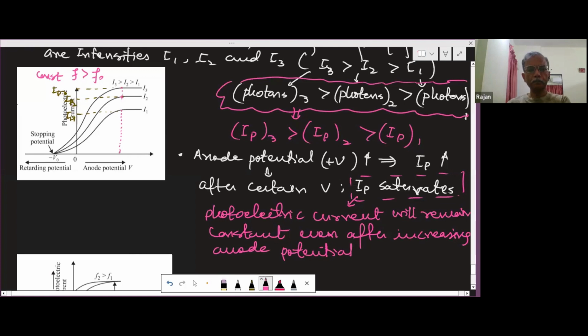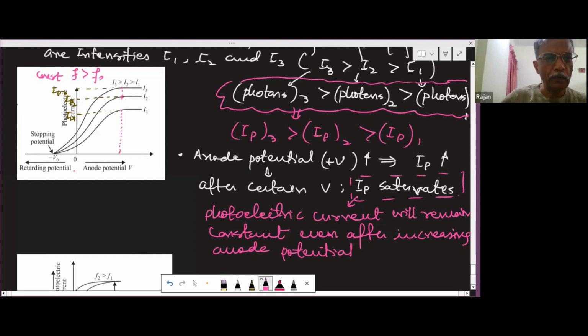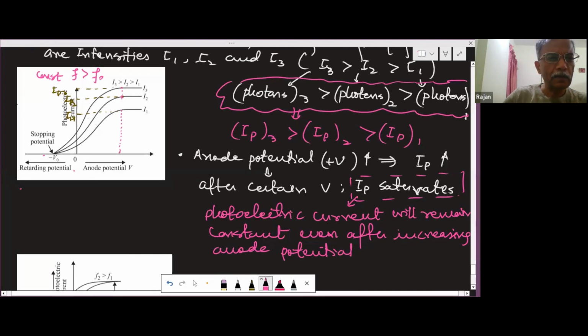Now we'll talk about the retarding potential. Here in the graph we will have a retarding potential, the negative potential. About this we'll be writing. There is a stopping potential also, which we'll try to understand as we have already discussed.